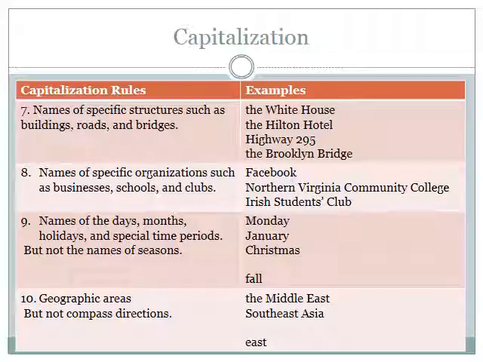I thought it was back here, but I can't seem to find it right now. I saw it earlier, but I'll tell you about it in class. But there's a list of all of them. If you want to go back, you can also just look in chapter 1. It goes over the capitalization rules as well. Okay. I can't find them right this second, so I'm just going to keep on going.